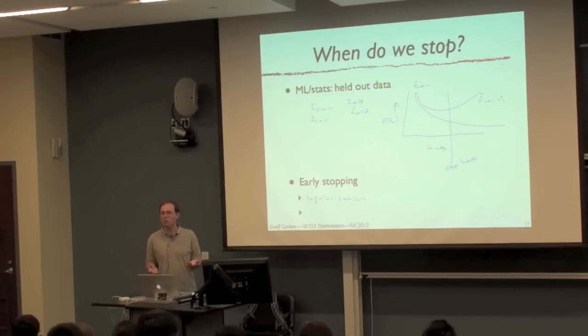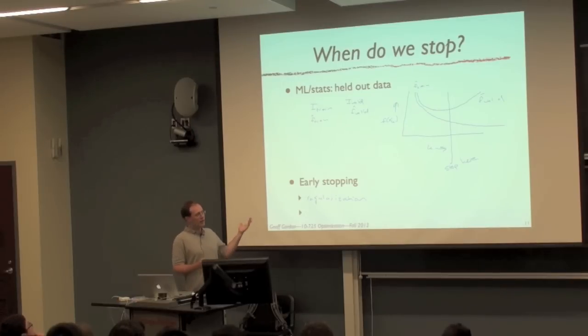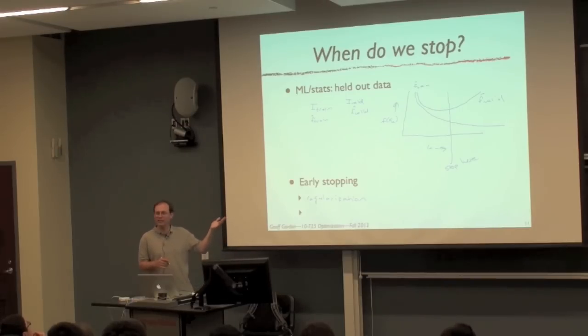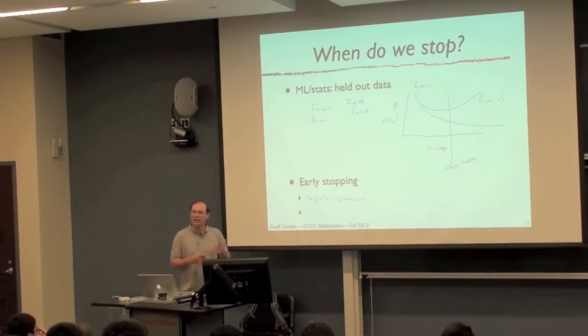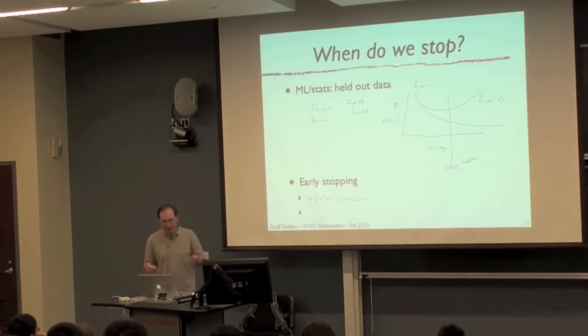People have tried to come up with explicit regularizers that are as good as this, and it's actually quite difficult, right? So this is an example where it's an algorithm that in many ways beats the optimization specification of the problem, right? It's really hard to explain why it is that early stopping on gradient descent is such a good statistical regularizer.